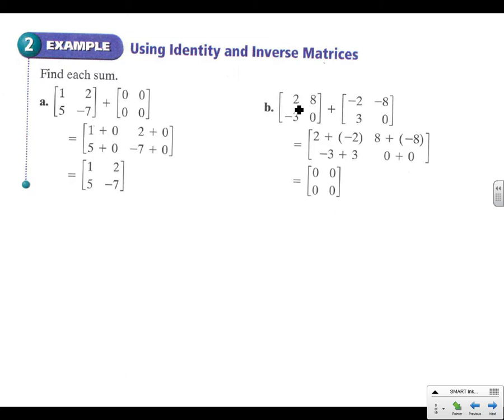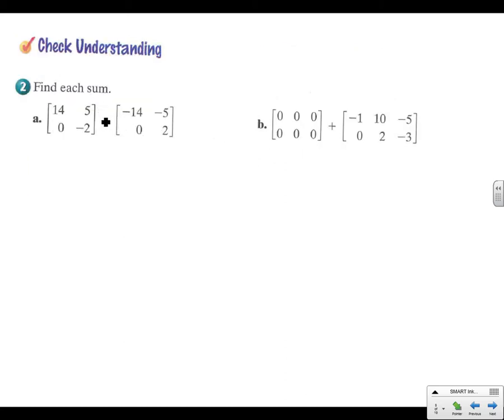So what cancels out 2? The inverse of 2, which is negative 2. What cancels out negative 3? The inverse, which is 3. All right? So see if you can find the sum of both of these. I bet you it's either going to involve inverses or identities, zeros.